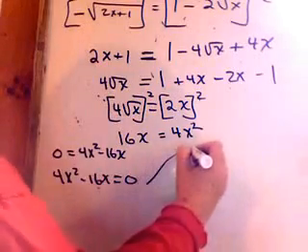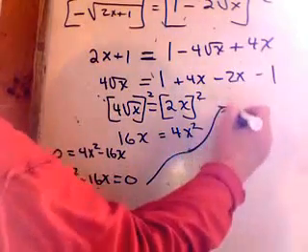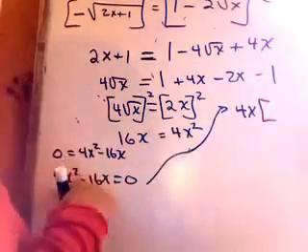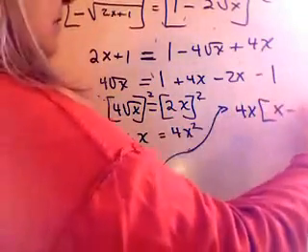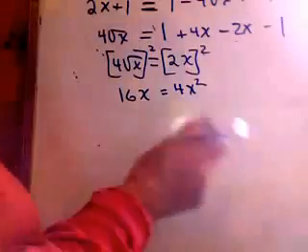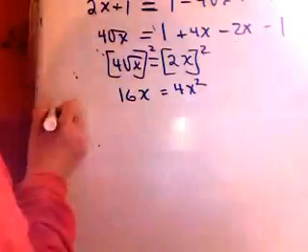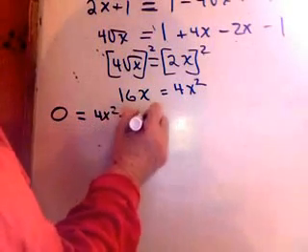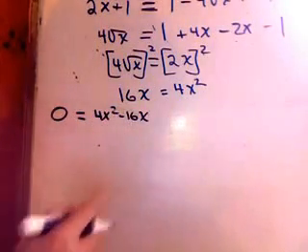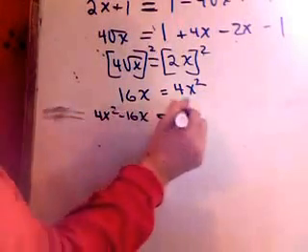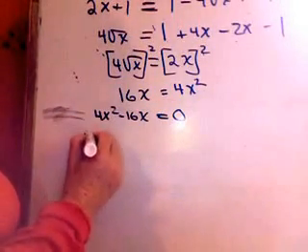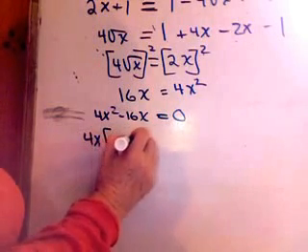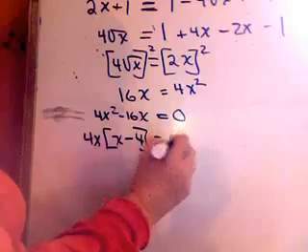If I factor 4x out, then I get x minus 4. Now I'm going to factor. How about 4x out of both? And that leaves me with x minus 4 equals 0.